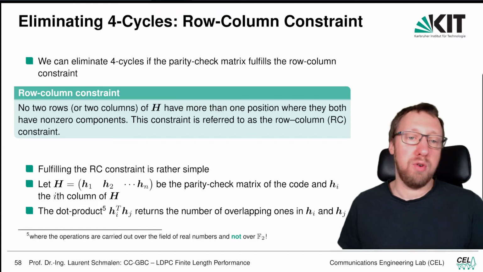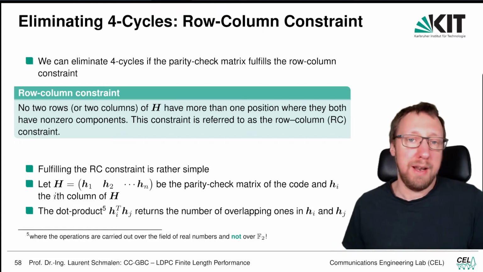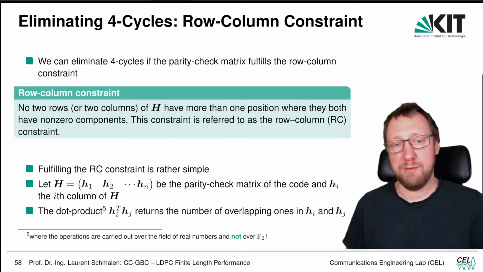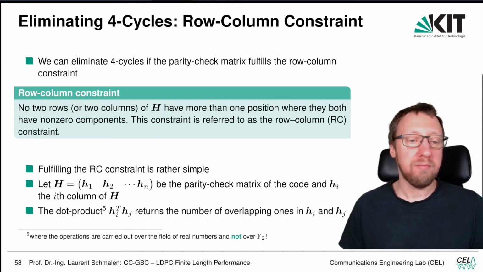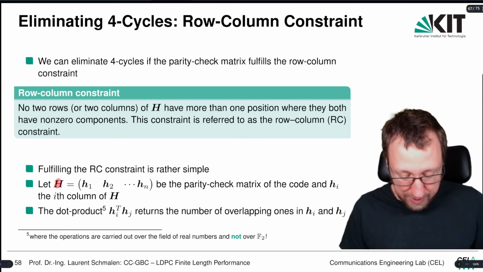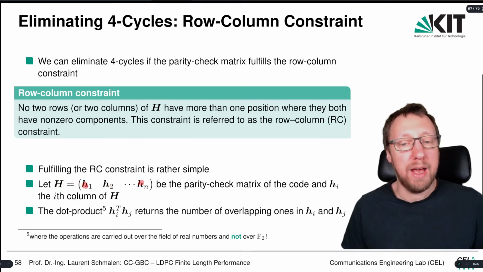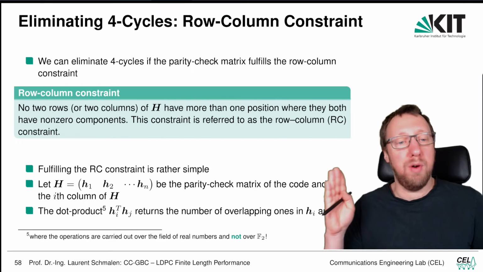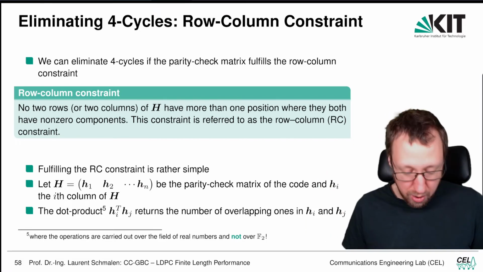And checking for this row-column constraint is very simple, especially if you have computer algebra software like MATLAB. So if you have the parity-check matrix H, and h_i is the ith column of H. So this is column number 1, column number 2, up to column number n.